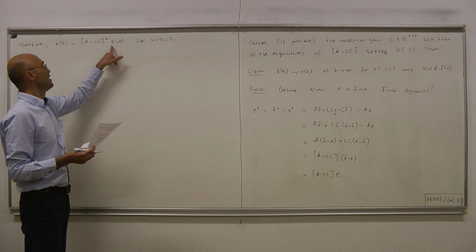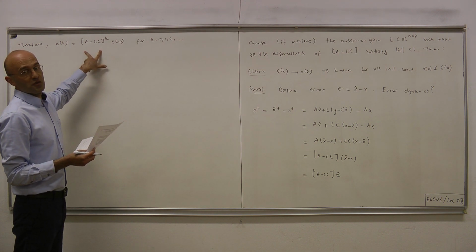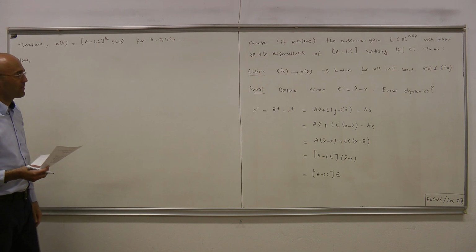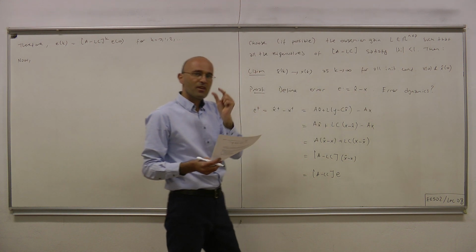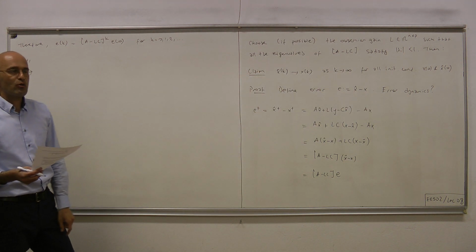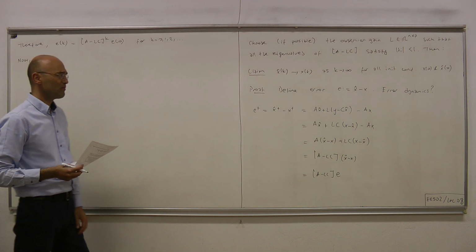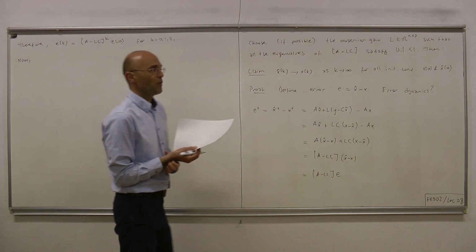So that means no matter what the initial error is, since this matrix is converging to zero, the error must converge to zero as k goes to infinity. And error converging to zero means x hat and x becoming more and more equal as time goes on. In other words, our observer works. Our estimate catches the actual state as time goes on.